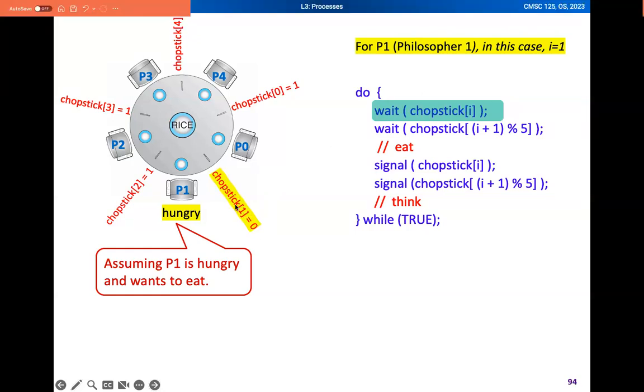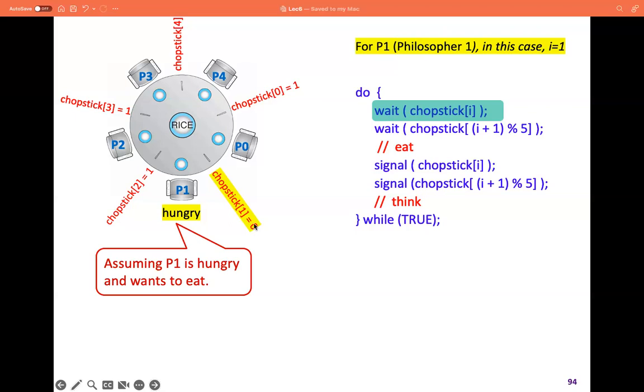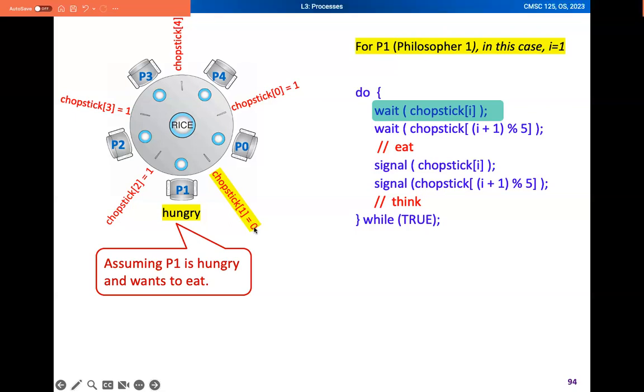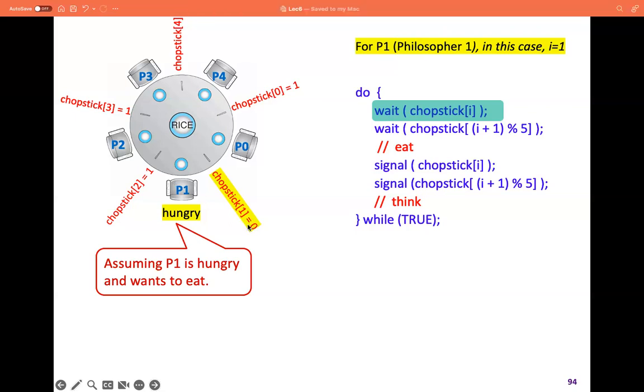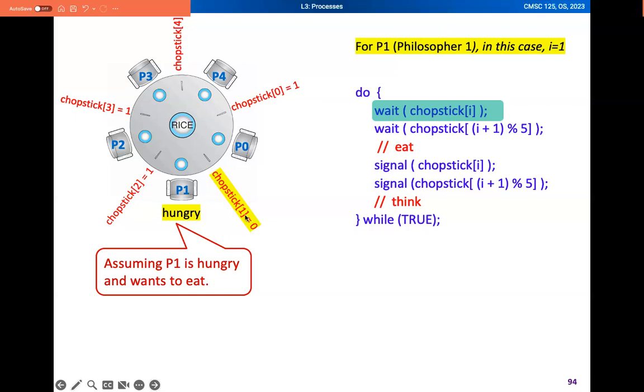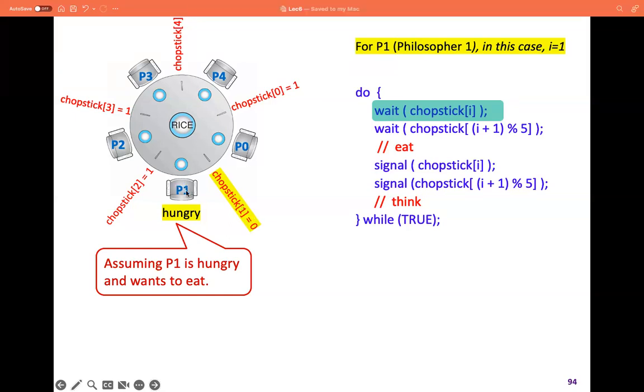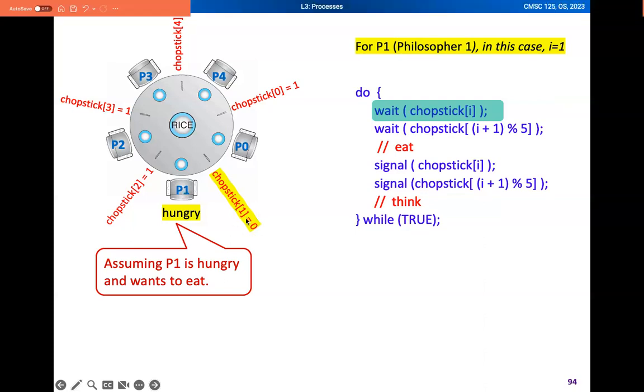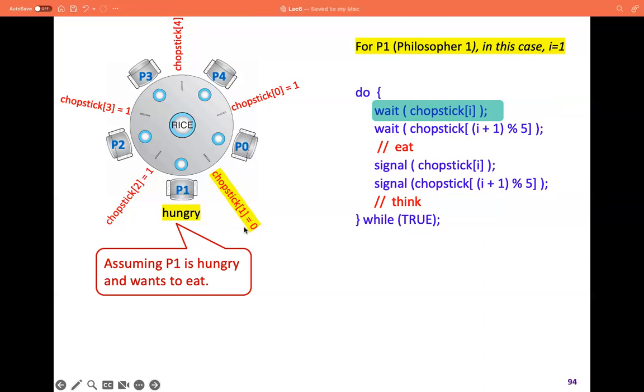If initially the value of chopstick 1 is equal to 1, which means it is available, then P1 can pick it up, and since this chopstick is now in P1's hand, we set its value to 0, meaning it's already unavailable.